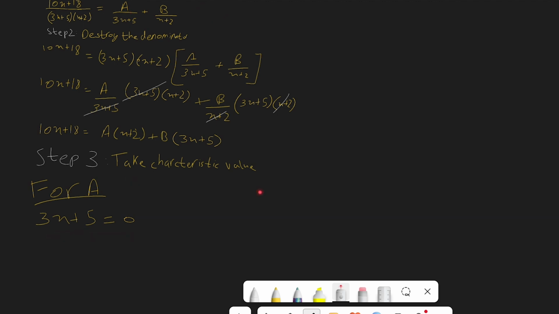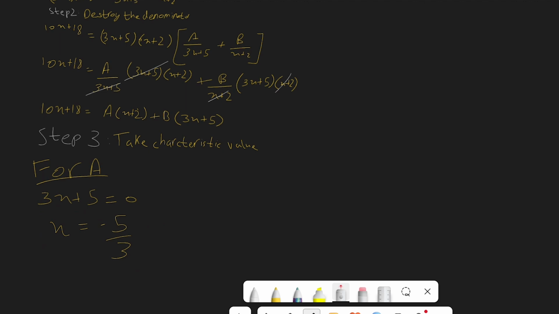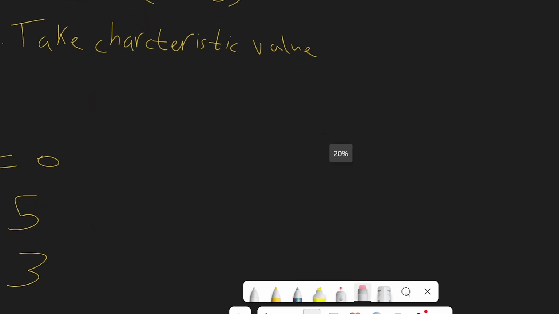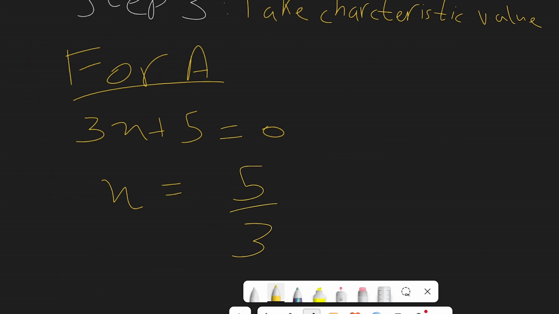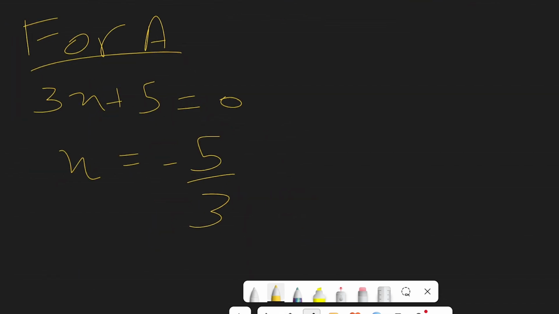Putting the denominator equal to 0, x would come out to be minus 5 over 3, and this minus 5 over 3 is the characteristic value of a, of this fraction. So when we put the factor, the denominator, equal to 0, that way we can calculate the characteristic value.